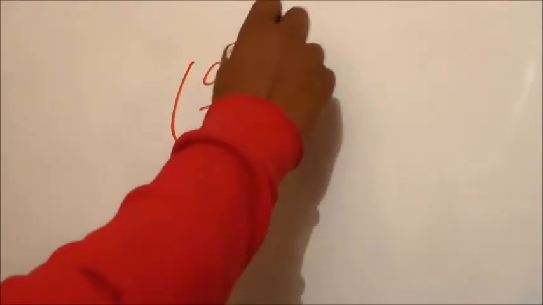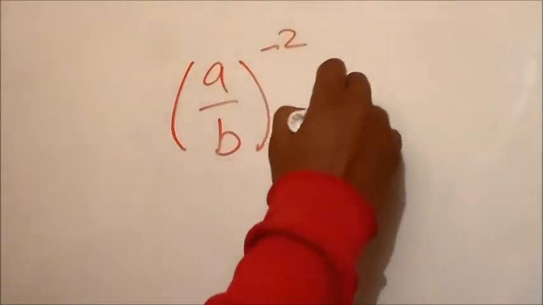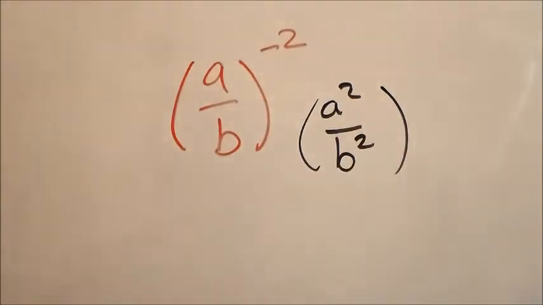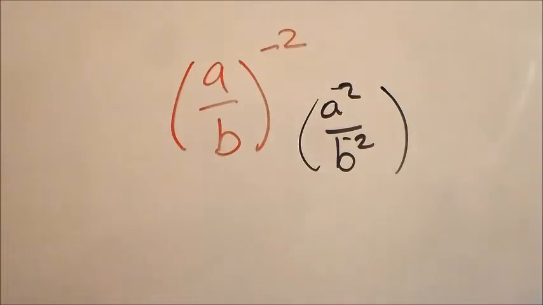Another rule of negative exponents is, let's just say we have a over b and we have a negative 2. Well, what's going to happen here is the negative 2 is going to distribute into the fraction. Sorry, negative 2, forgot my negative symbols.